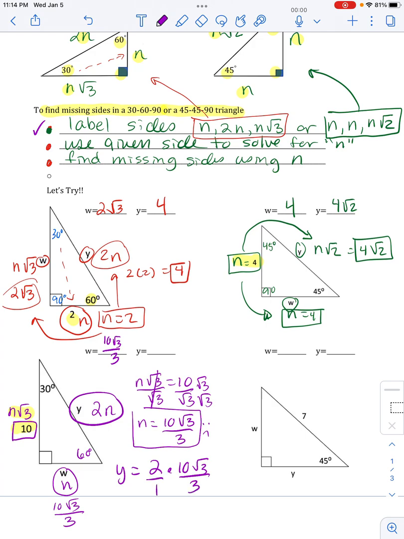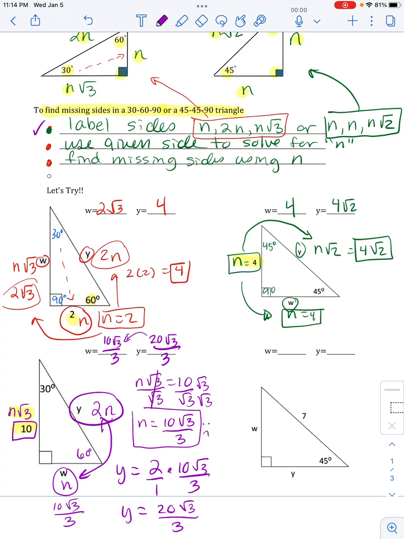So keeping in mind that 2 is a 2 over 1, I get y equals 20, because 2 times 10. Root 3 stays protected because it's under the radical, over 3, which actually makes sense because that length is supposed to be double this one, and 20 root 3 over 3 is double my 10 root 3 over 3.